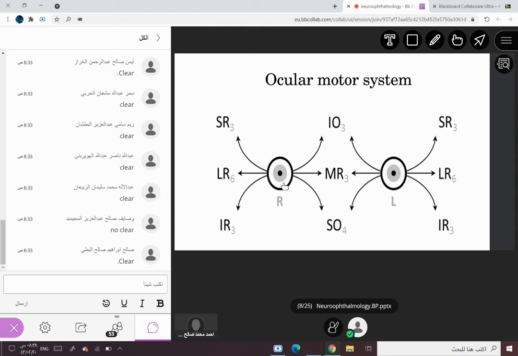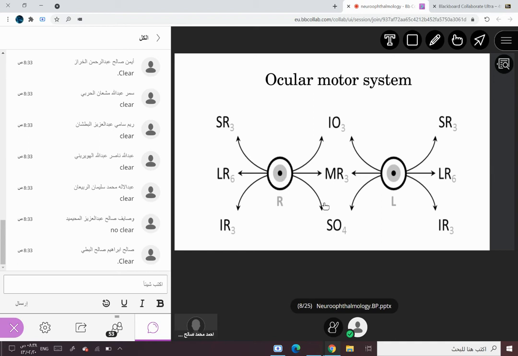It's a very simple chart, but you will understand the innervation and the action from it, instead of reading 2 pages in the textbook.